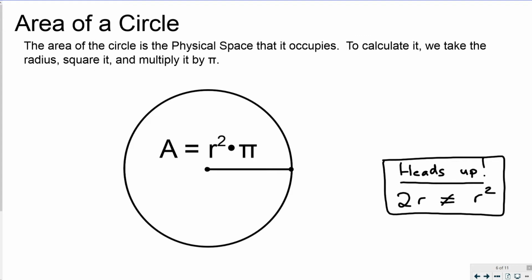When you have the radius equal to 2, 2 times 2 is 4, or 2 squared is also 4. That is the only exception. But for the most part, the radius squared is not equal to 2 times the radius. You need to type in the radius, up arrow, 2 into your calculator in order to actually calculate r squared. And then you're going to multiply that by pi.